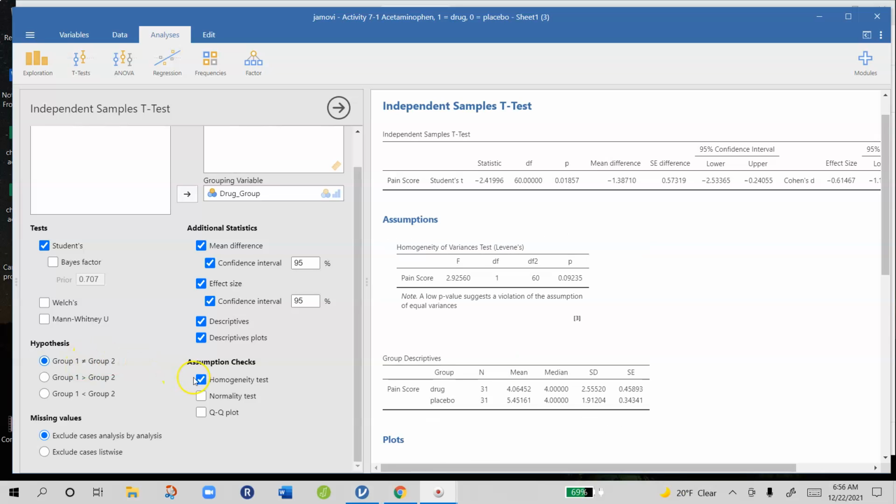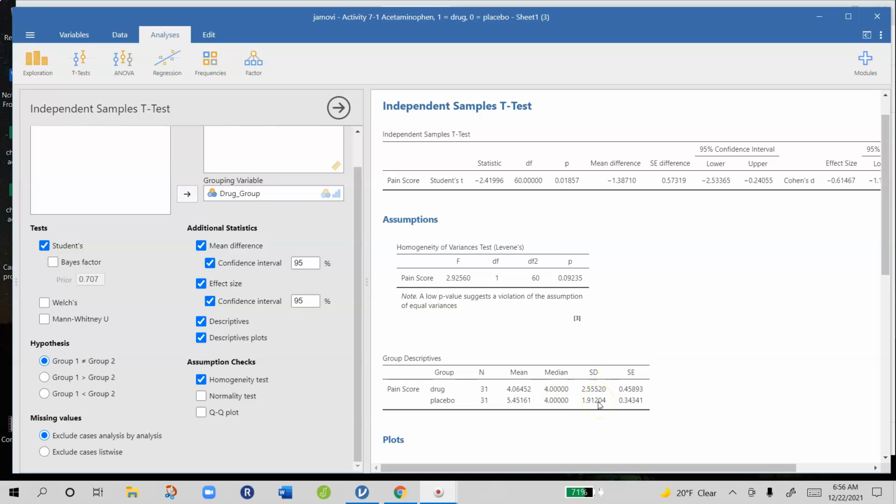Okay. Next, we're going to ask for a test of homogeneity of variance. One important assumption of the independent measures t-test is that the two sample standard deviations are both estimating the same population parameter because they're going to be pooled or averaged into one estimate of variability. So what we're looking at here is these two standard deviations.